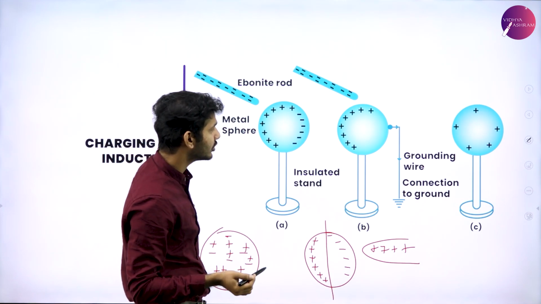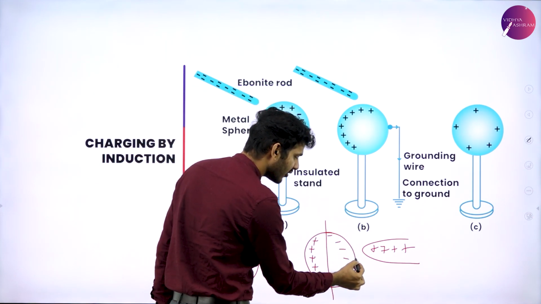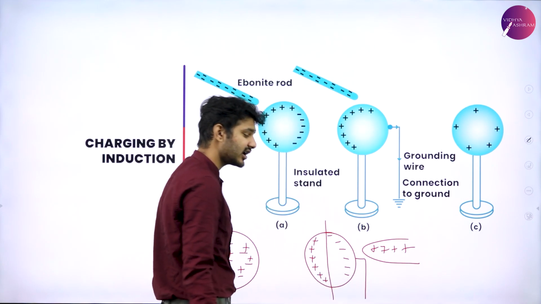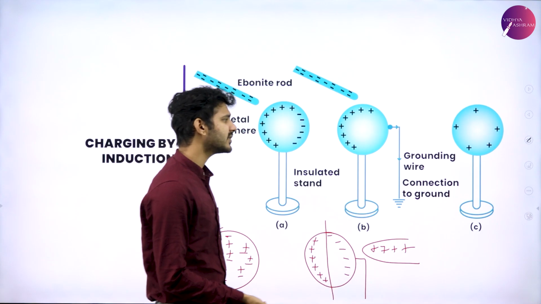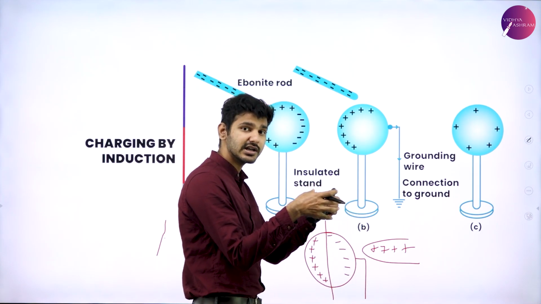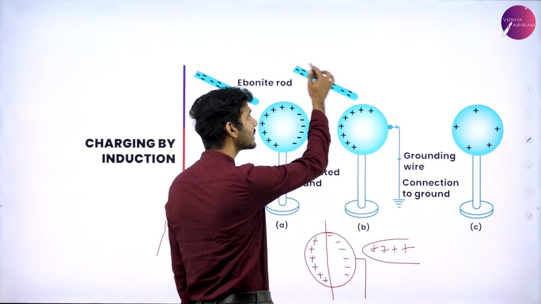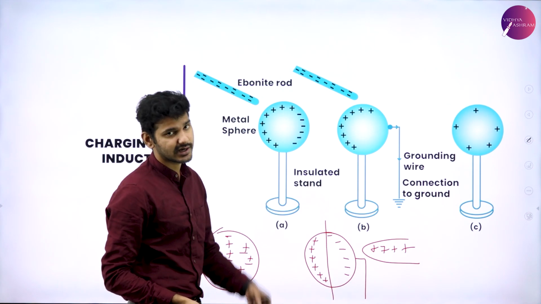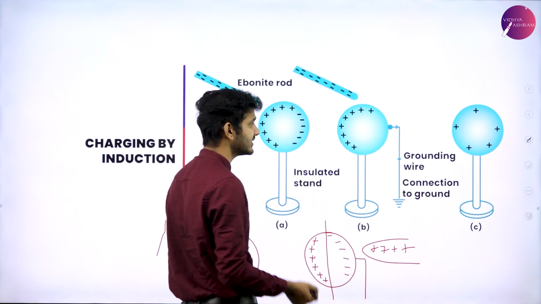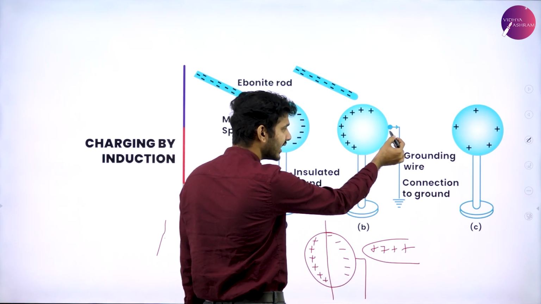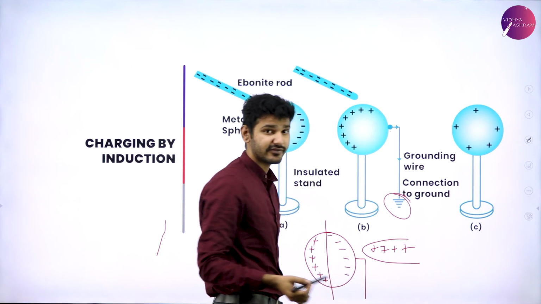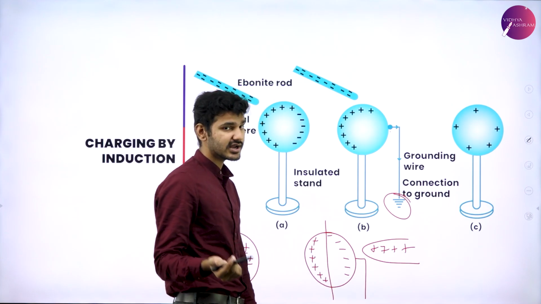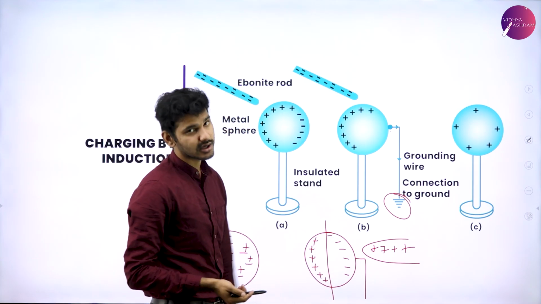Now we are going to take a wire and connect it to the ground, or we are simply grounding it, or you can use another metal sphere kept in contact while keeping this ebonite rod near. So we connect a wire from the metal sphere to the ground. This is the symbol used for grounding.